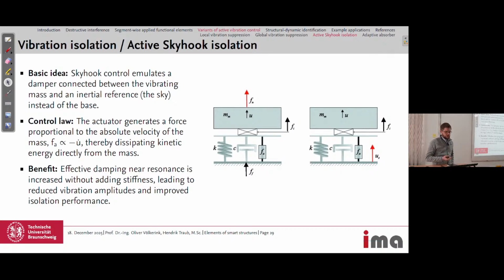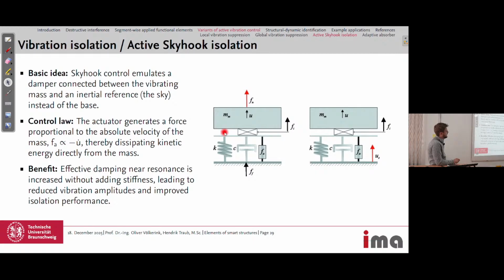The third measure was vibration isolation, or the active skyhook isolation. We only have a brief look. If we have this single mass oscillator again, then we could have a passive damping with a passive damper, but it only works if there's a relative movement between the mass we want to calm down and, for example, the ground structure where a machine is built on.